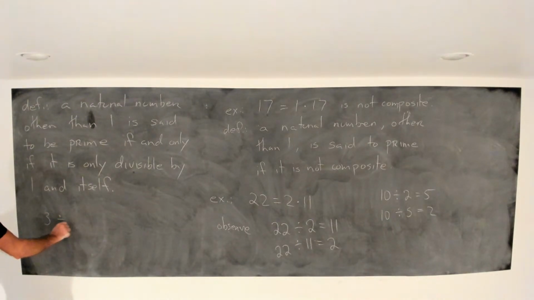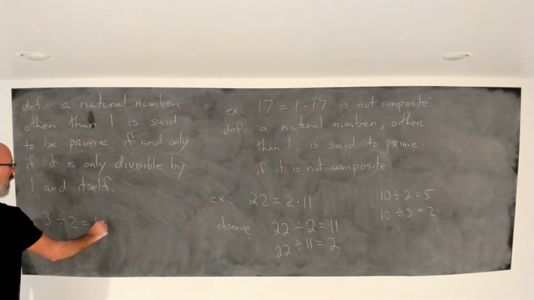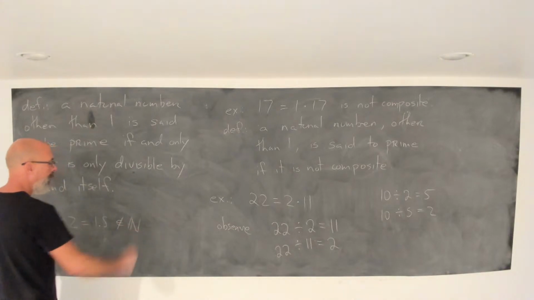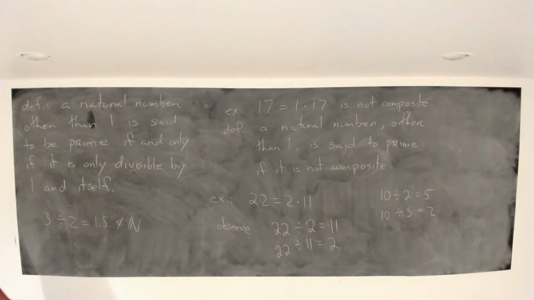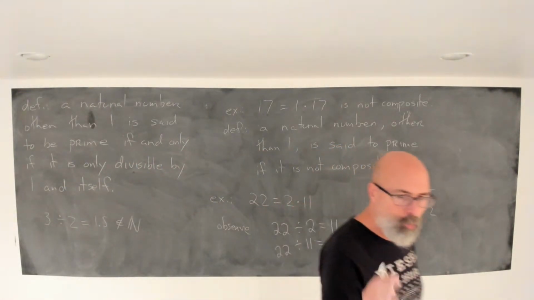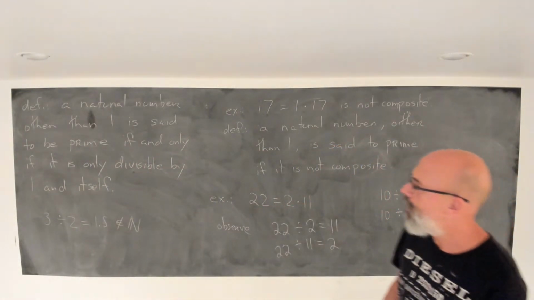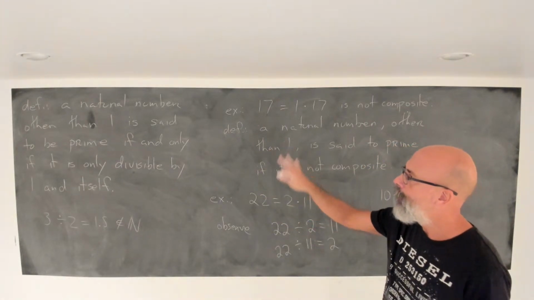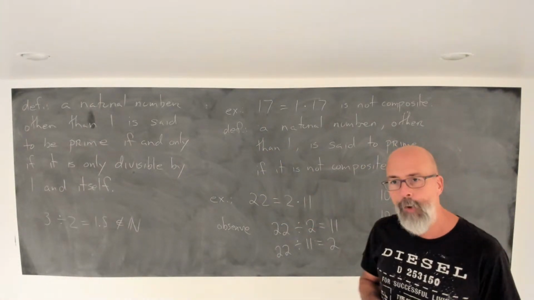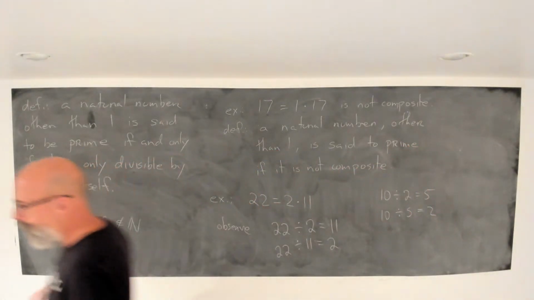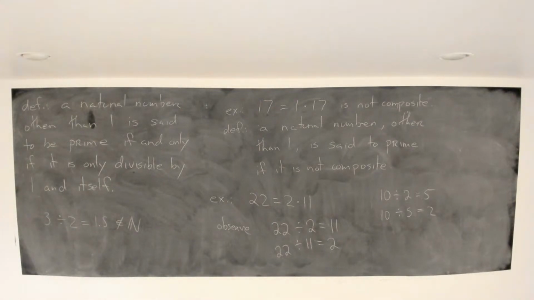Because when you divide 3 by 2, you get 1.5, but 1.5 is not a natural number. So in this context, we would say that 3 is not divisible by 2 because we want the quotient to be a natural number itself. Right here, this whole discussion of prime numbers is restricted to the natural numbers, at least for now.